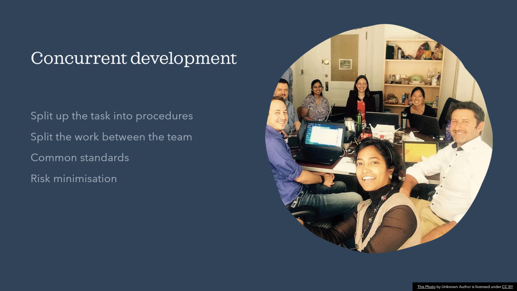For example, we set up common standards in advance so that the work, when it's done, can be fitted back together. And we've talked about methods for reducing risk, such as, as far as possible, eliminating the use of global variables. So we've talked about many of the aspects of concurrent development before, but it's just worth mentioning that this word concurrency can refer to this process as well.